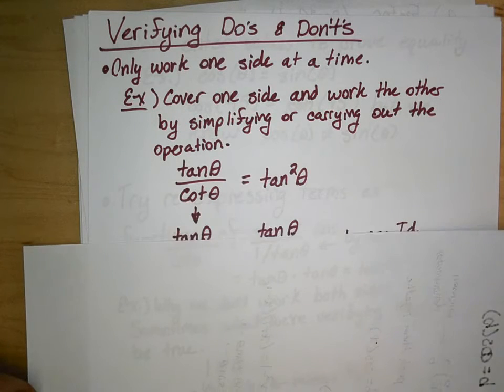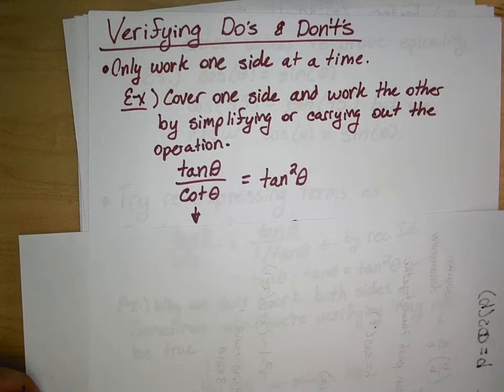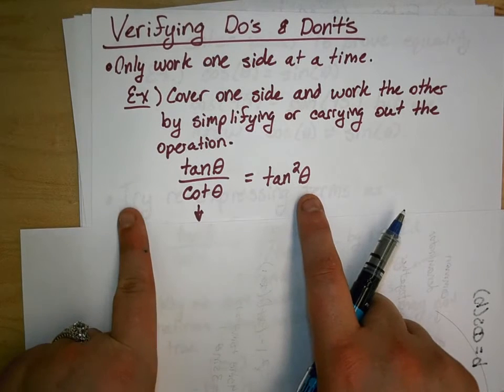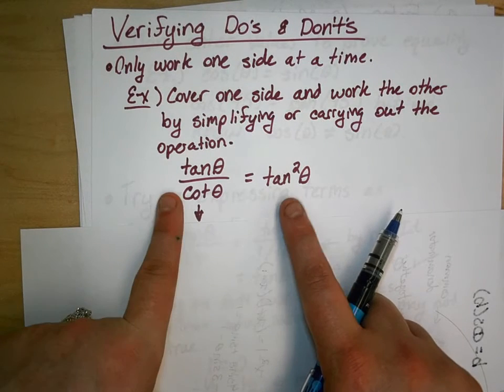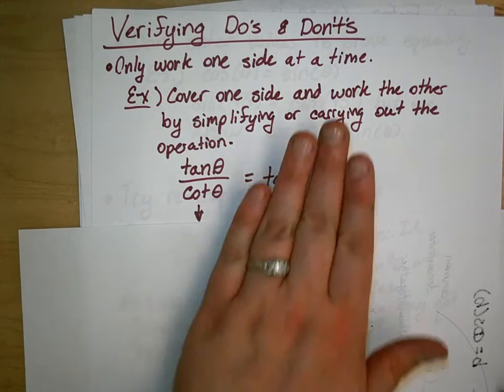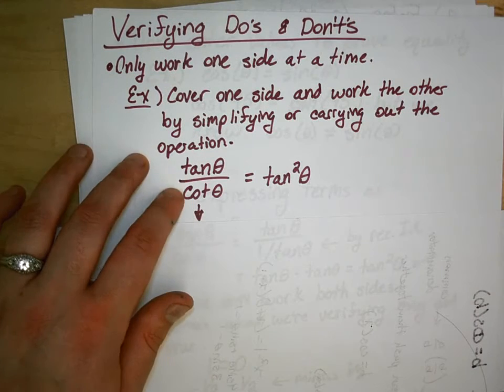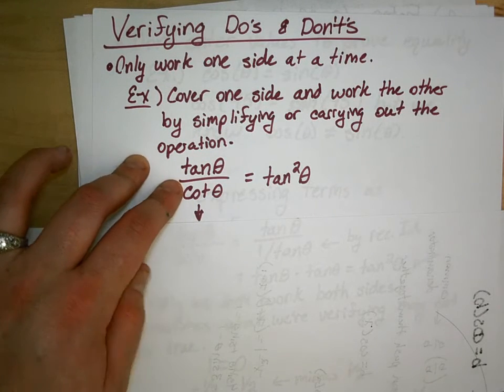All right, so for example, if I was asked to verify that tan theta over cotangent equals tan squared, I wouldn't divide both sides by tangent, and I wouldn't multiply both sides by cotangent. What I would do is cover up this side and start carrying out the operation on this side, which is division.